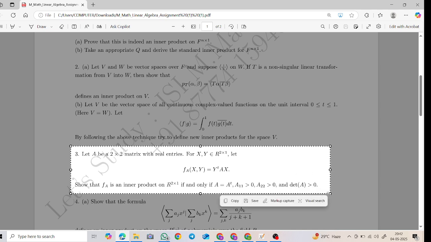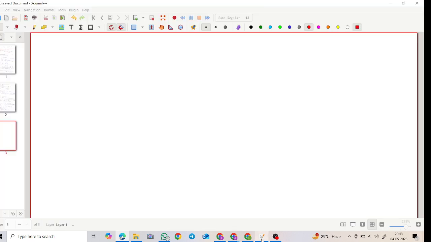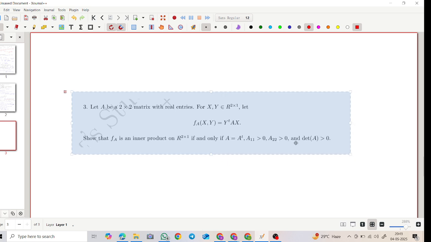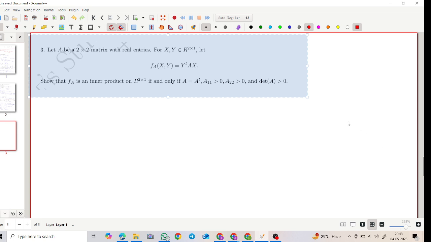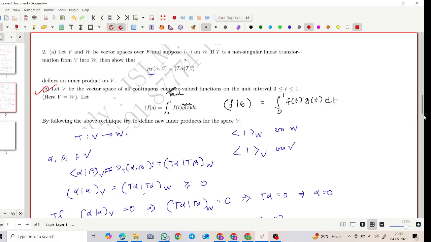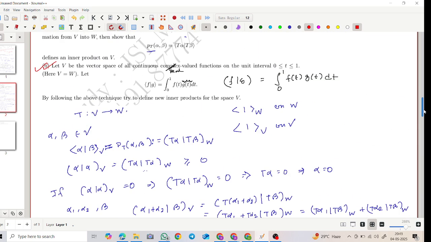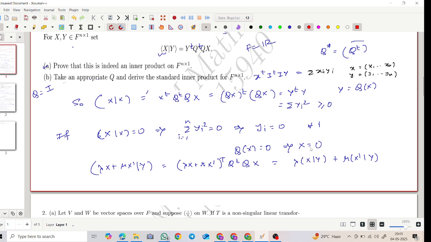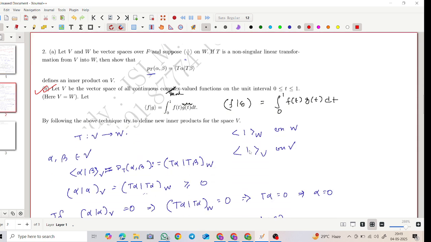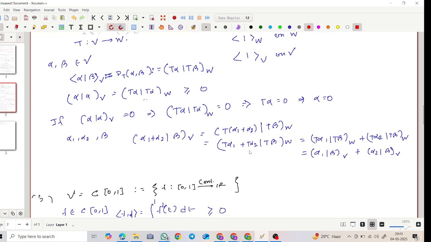So for this step, T alpha equals 0 implies alpha equals to 0.